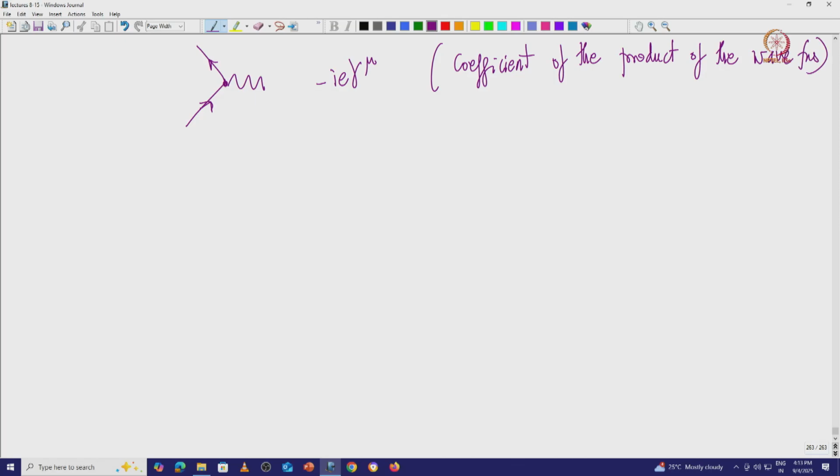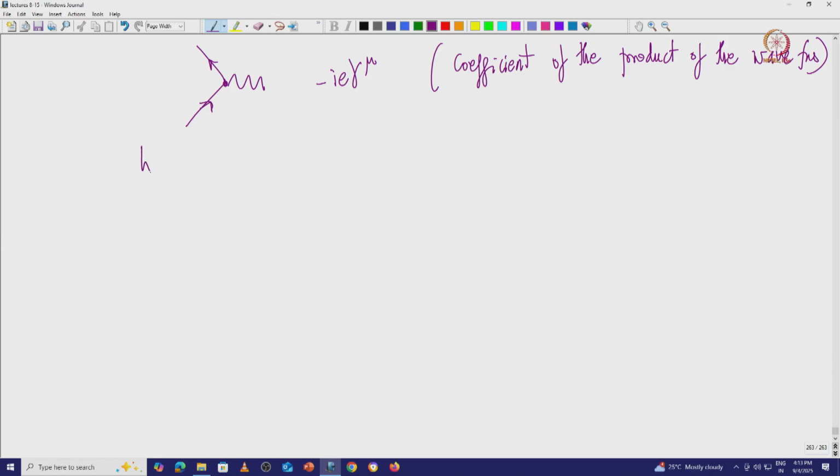This is your vertex function essentially, and then we had to define how a particle comes in and how a particle goes out. We had to define the wave functions for the incoming and outgoing particles.